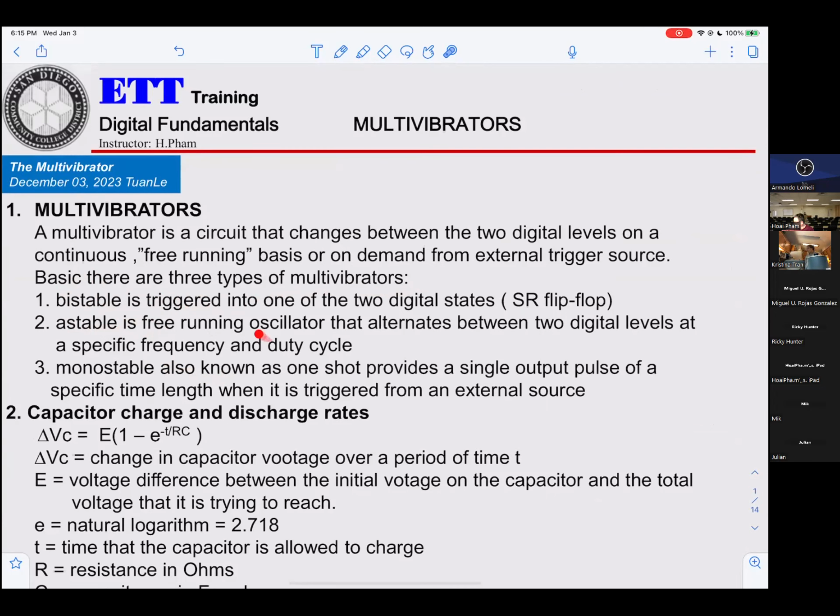Astable means you get a free running oscillator, that means the output keeps going, high, low, high, low, high, low. Monostable, also known as a one shot, that means they're using the 555 timer.